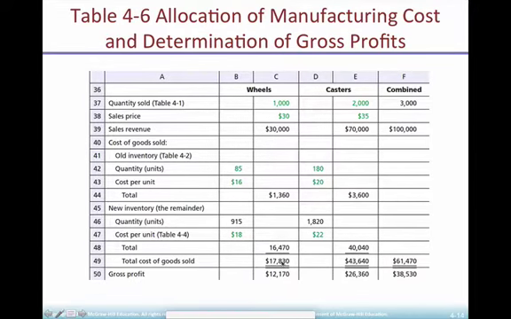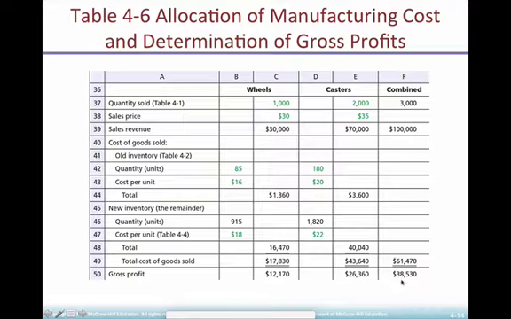So total cost of goods sold is going to be old inventory plus new inventory, 17,810. The same for the second good, old cost of goods sold plus new total. And these two numbers add up to 61,470. That's my cost of goods sold. To calculate gross profit, we have to subtract this cost of goods sold from sales, and that's my gross profit. Okay?